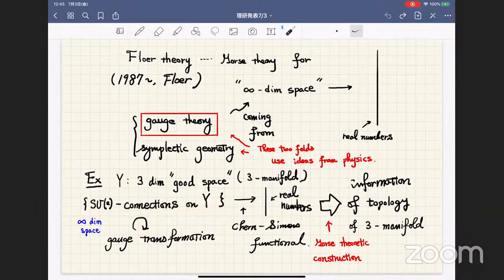Then we consider this space as an infinite dimensional space, which has some group action, called gauge transformation. And we also have some Morse function, called the Chern-Simons function. And by considering Morse theoretic construction, we can obtain information about the topology of the three-manifold.